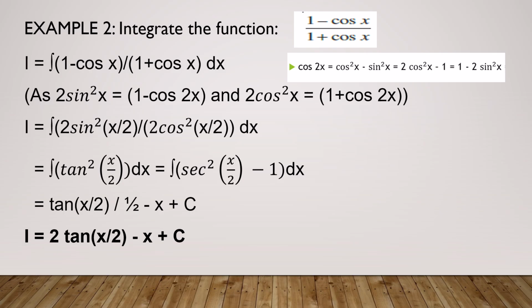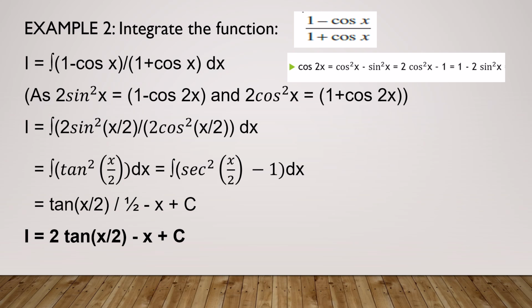Since the angle 2x has become x, the angle in sin square x and cos square x will become x by 2. So 1 minus cos x is 2 sin square x by 2, and similarly 1 plus cos x is 2 cos square x by 2.